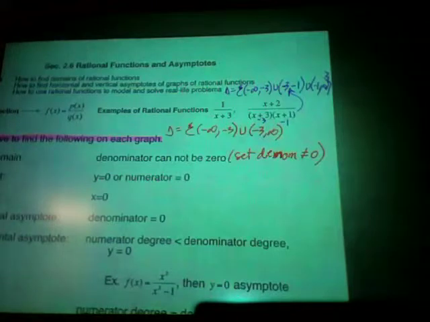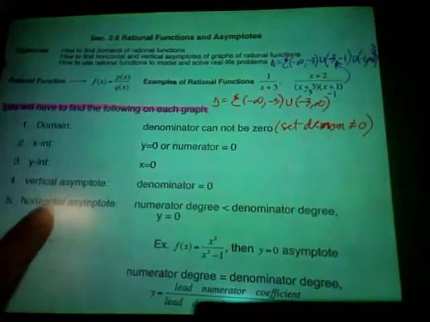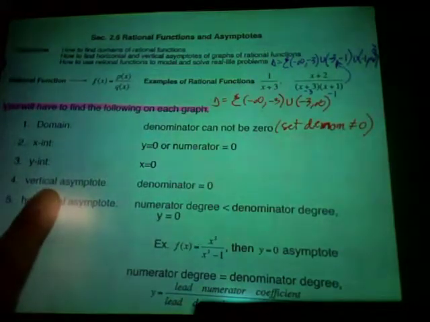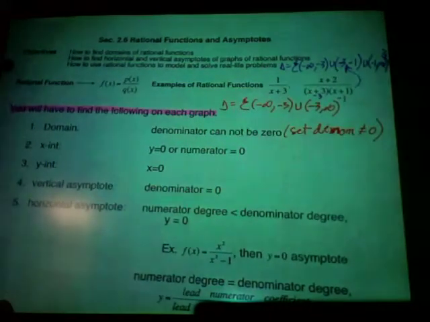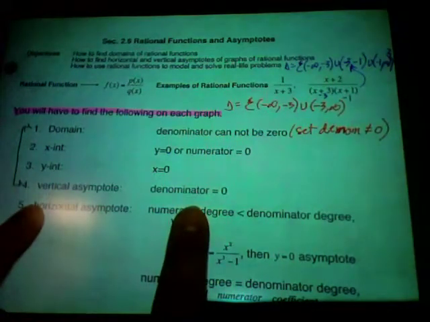When we find the domain, we've also found, by the way, our vertical asymptotes. You find these two the same way. Doesn't this one say denominator can't be 0? And I'll show you what a vertical asymptote looks like in a minute.